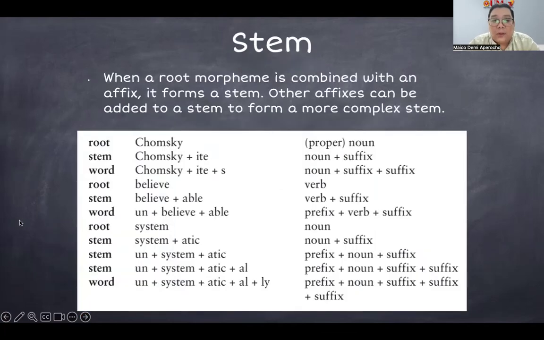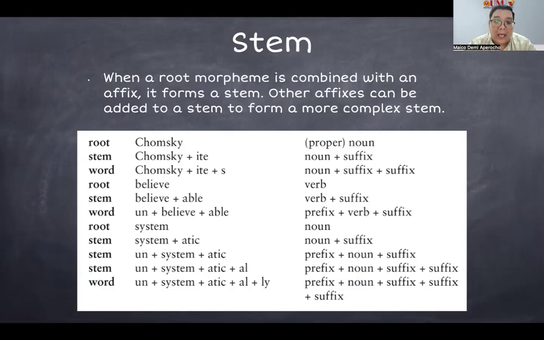Now, when a root morpheme is combined with an affix, it forms a stem. A while ago, I was talking about a root being the base where you affix certain syllables. But when a root morpheme is already combined with its affix or affixes, it becomes a stem. Other affixes can be added to a stem to form a more complex stem. For example, the root is Komski. That's a proper noun.